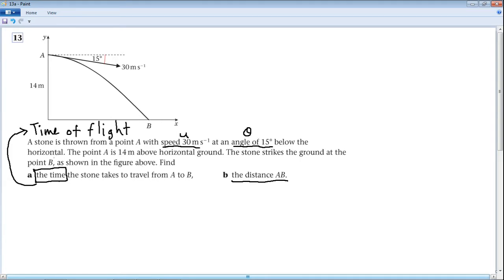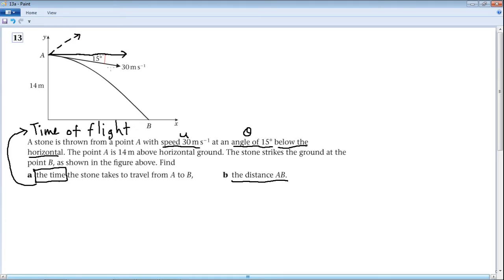Below the horizontal: here is one point that we should note. In many of the problems you have solved, those angles were given like this, either by this or by that, measured from the horizontal.